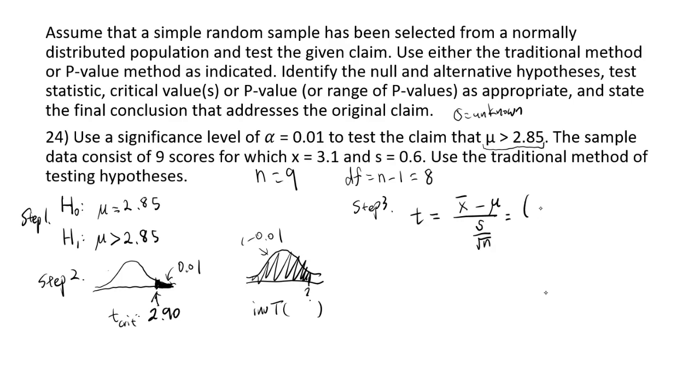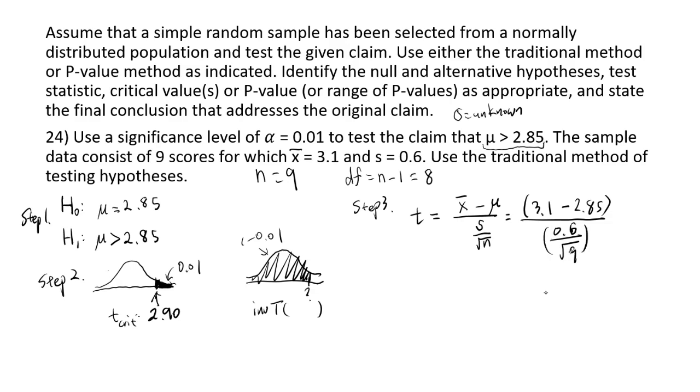And in our case, x bar is 3.1 minus our mu is given as 2.85 divided by s is 0.6 over square root of 9.